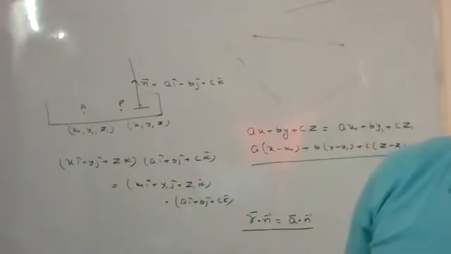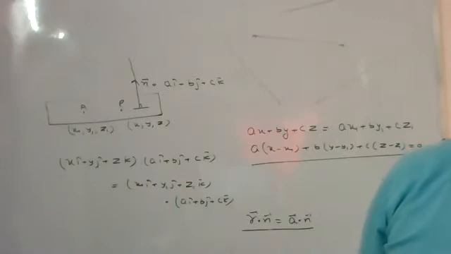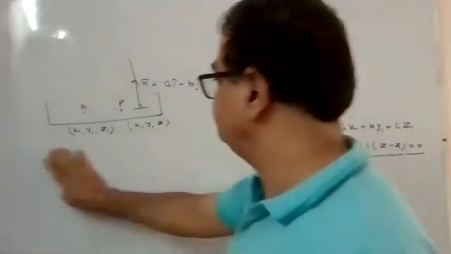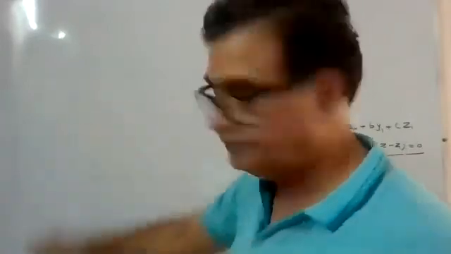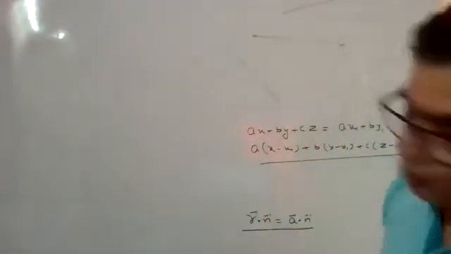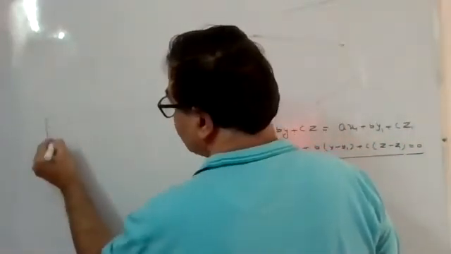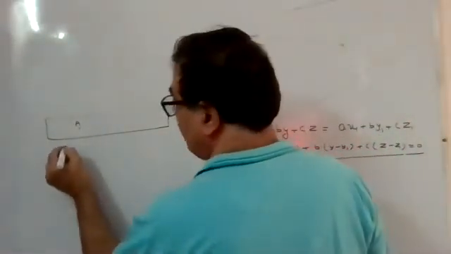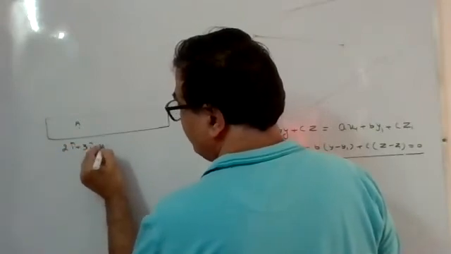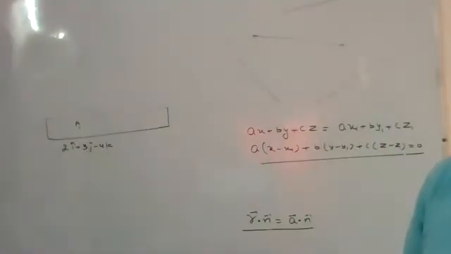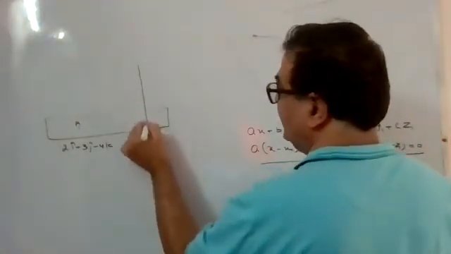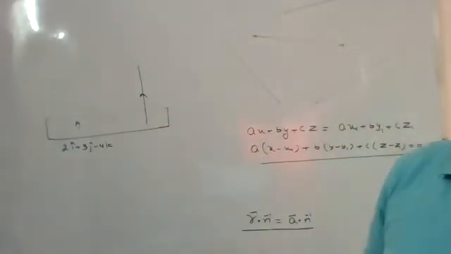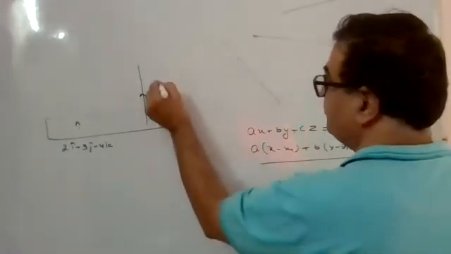Now write down a question on it. Find the vector equation of the plane passing through the point A, whose position vector is 2i plus 3j minus 4k, and it is perpendicular to the vector 2i minus j plus 2k.